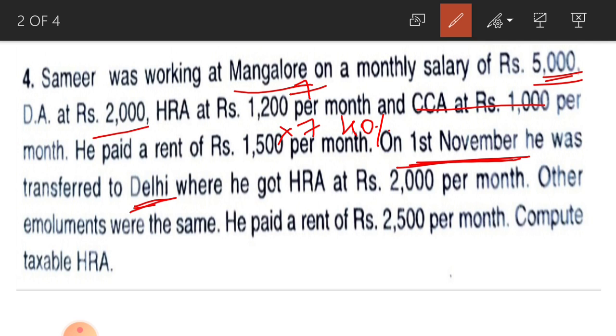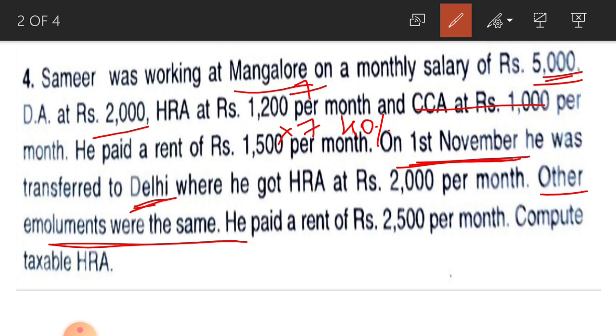Next, on 1st November he was transferred to Delhi, that is, from November to March he was working in Delhi, for 5 months: November, December, January, February and March. Here other emoluments were the same, that means his salary, DA, CCA all are the same. Only changes are made in HRA and rent paid.